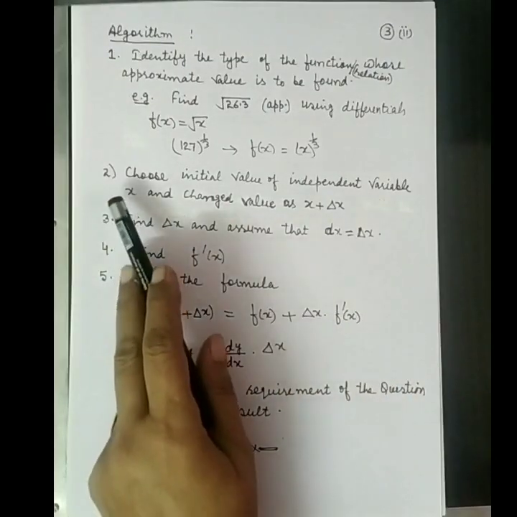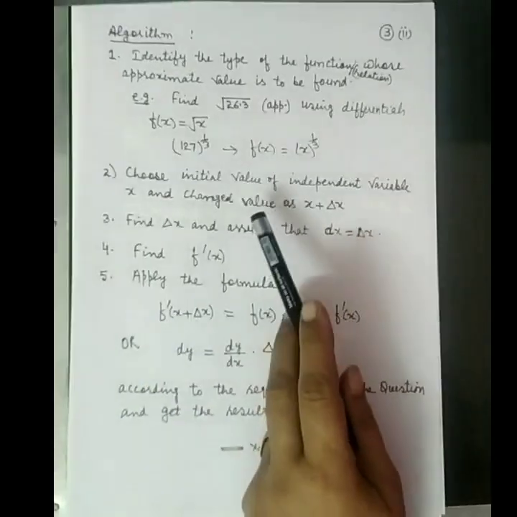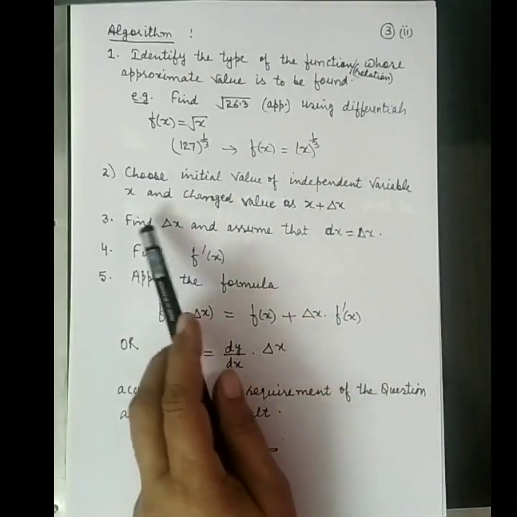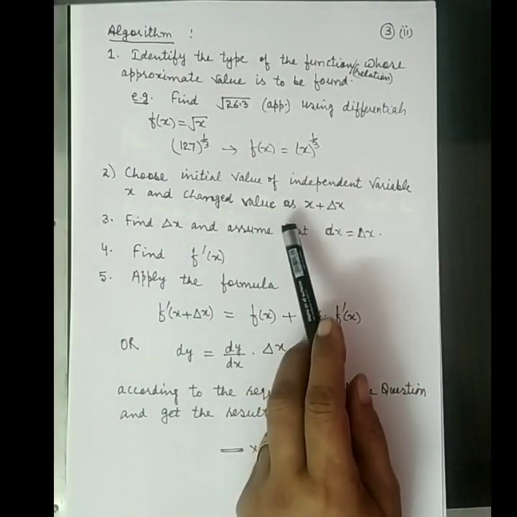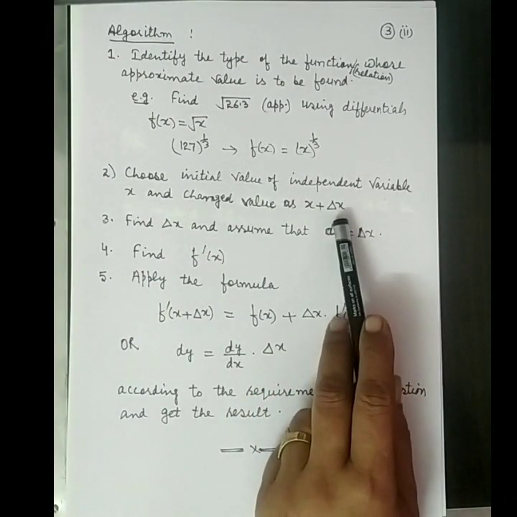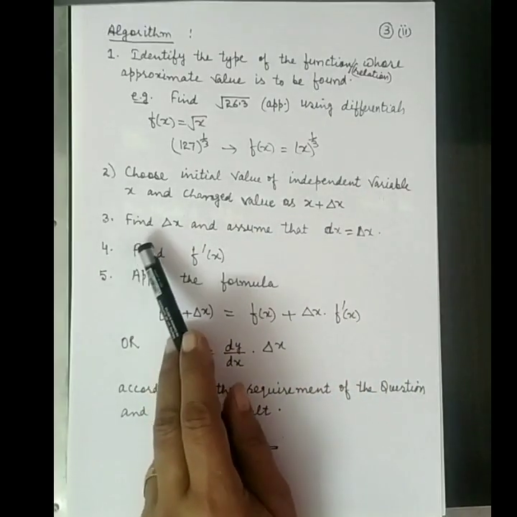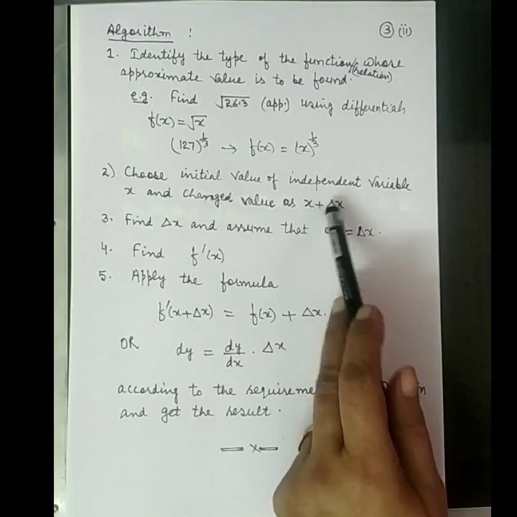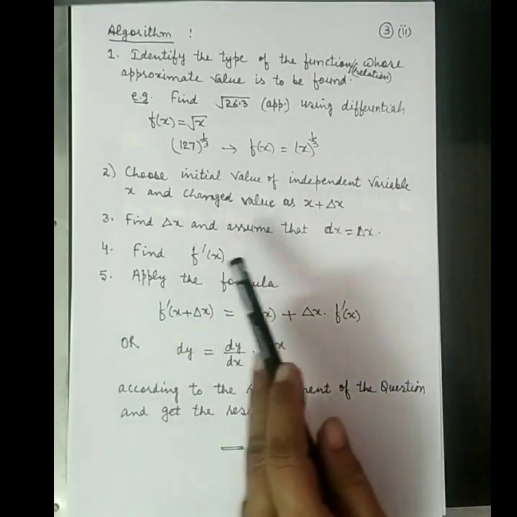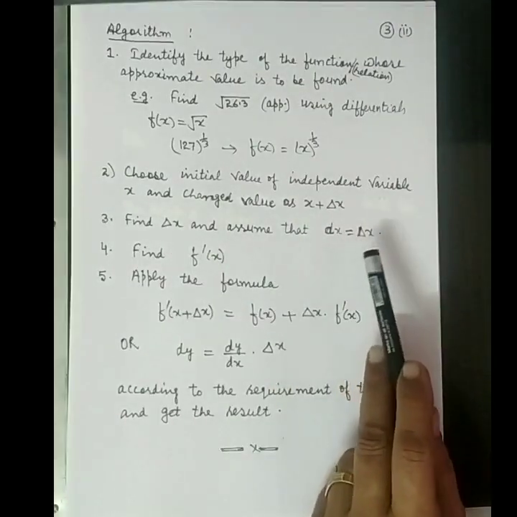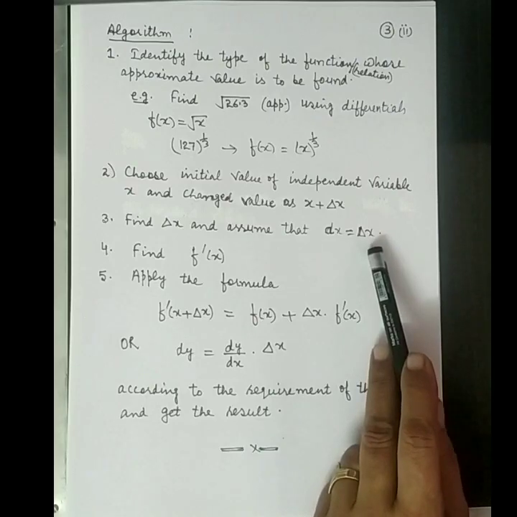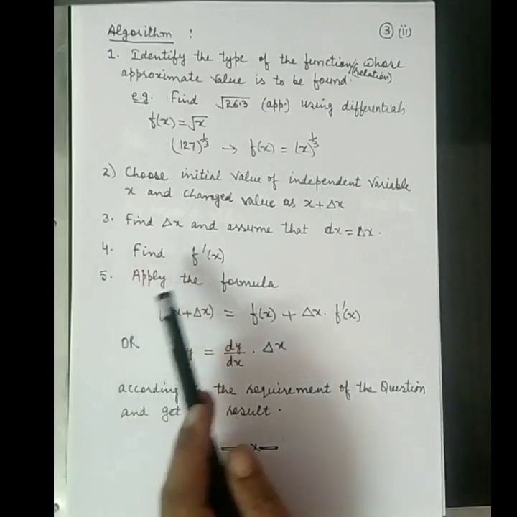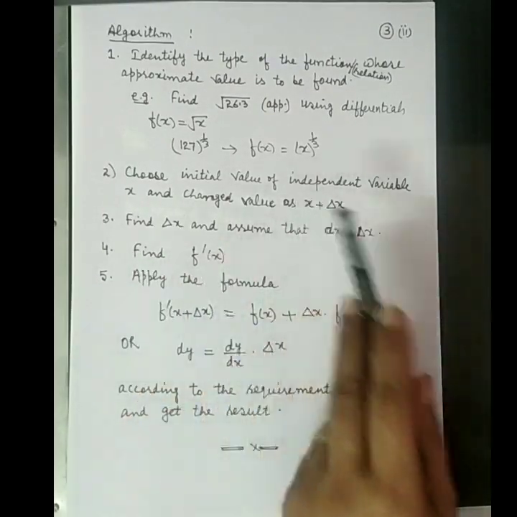Now second point, choose the initial value of independent variable x and the changed value as x plus delta x. Third, find delta x, the difference between these two, and assume that dx is equal to delta x. Fourth point, find the derivative of the function.